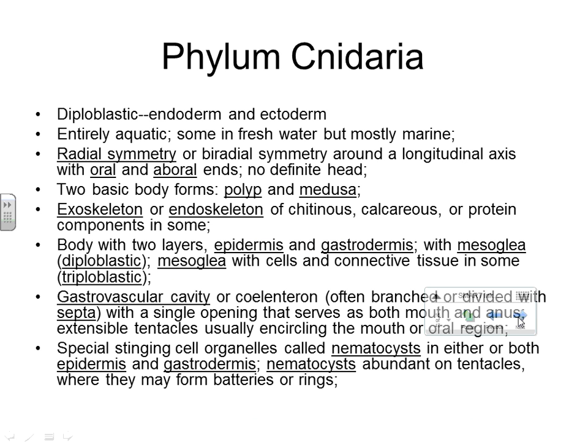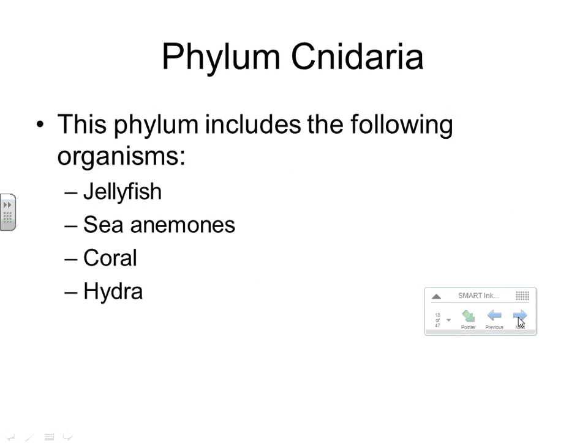The last group, I'm going to mention this group, not going to go into it much at all, but Phylum Cnidaria is probably the second most simple group of animals. And pretty much all I'm going to say about them today is give you some examples. Cnidarians are things like jellyfish, sea anemones, coral, and hydras.